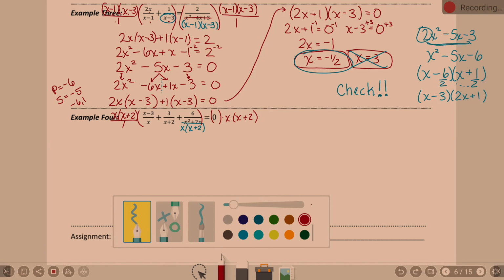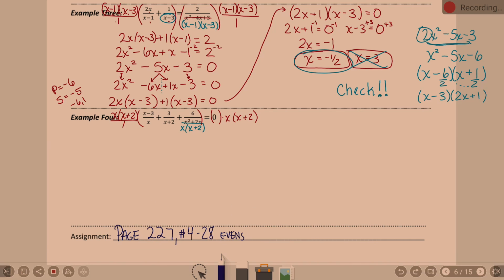Okay. First fraction, what happens? The X cancels and you're left with X plus 2 times X minus 3. Plus, okay, repeat this with the next fraction. X and x plus 2, 3 over x plus 2.